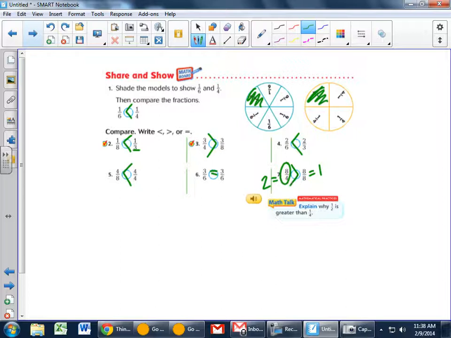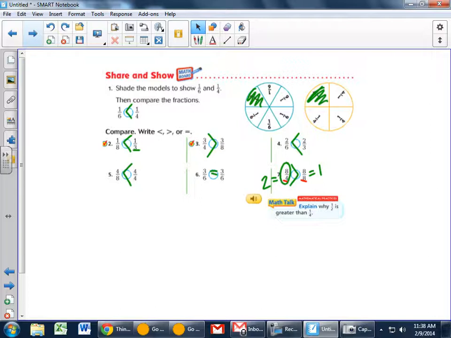You can also just keep looking at the numerator, that 4 is smaller than 8, so that one would also be bigger in that thought process. Okay? Since halves are larger pieces than fourths, and there are the same number of pieces of each fraction, 1/2 is greater than 1/4 for your math talk.